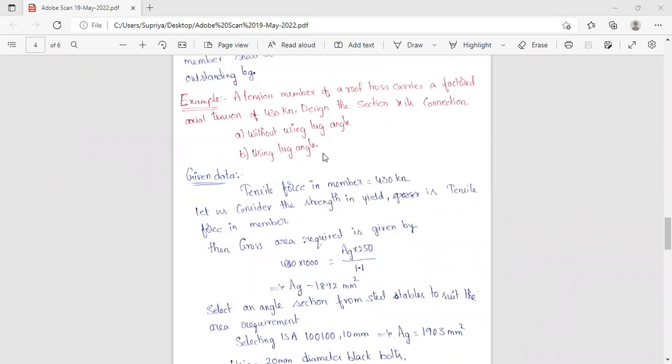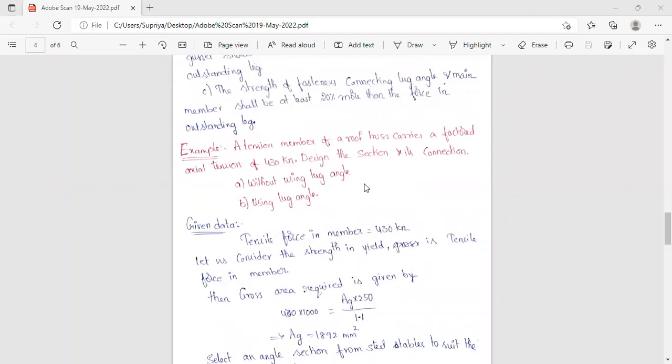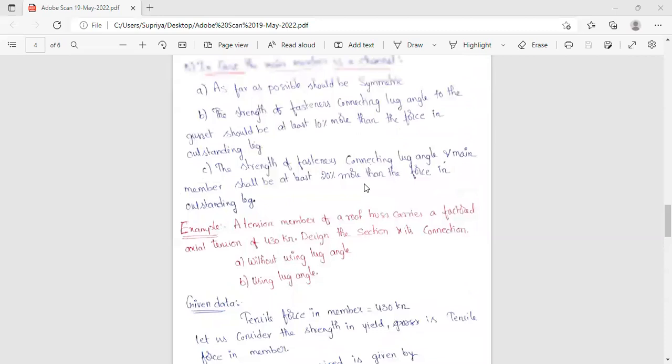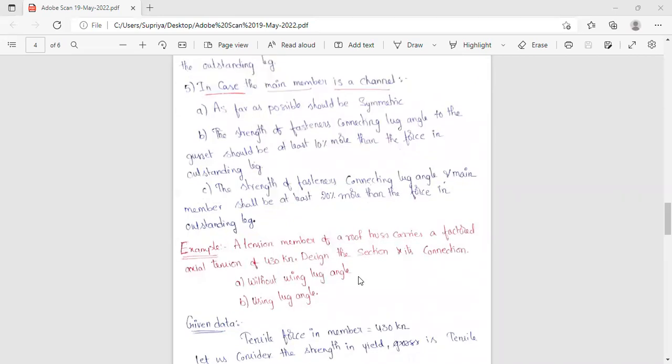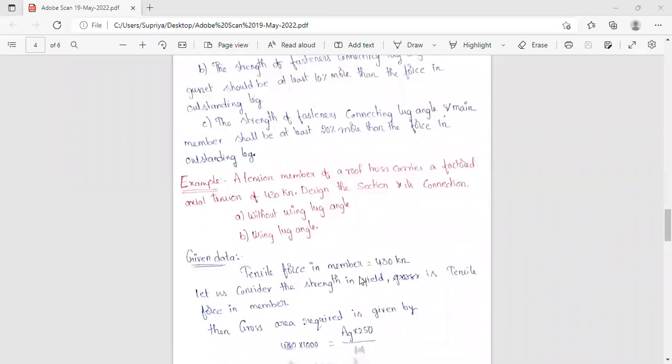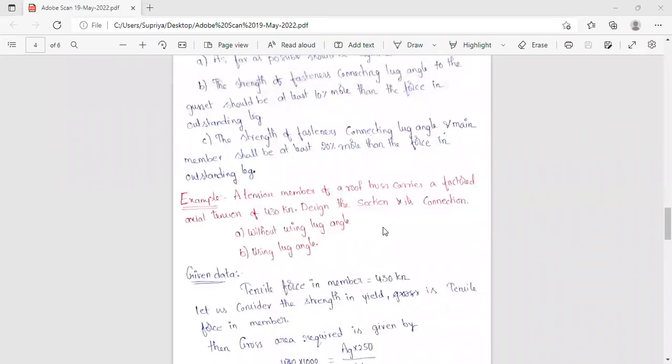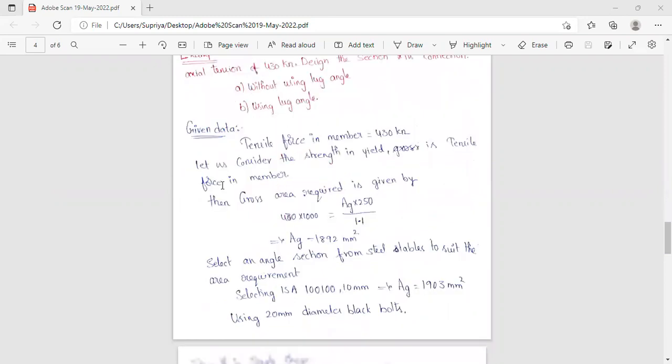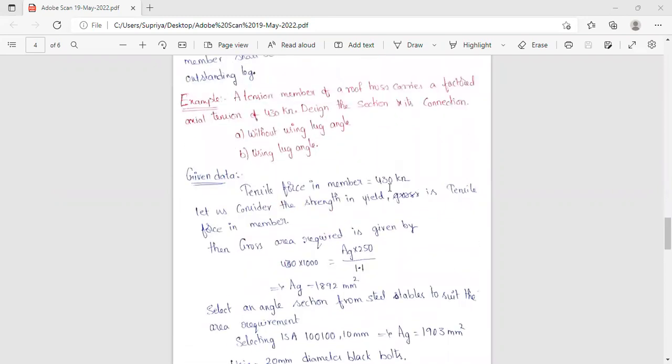Okay. So design of tension member without lug angle means you will design as usual as a tension member. How we design a tension member, this is also the same. Okay, but here first we have to select the angle section that we are providing for a lug angle. Okay, and what is the given data? Tensile force in member equals 430 kilonewtons.